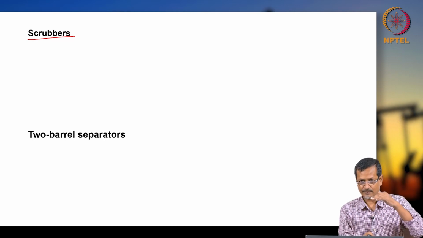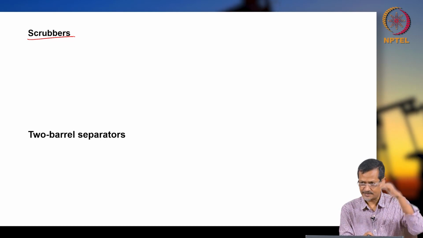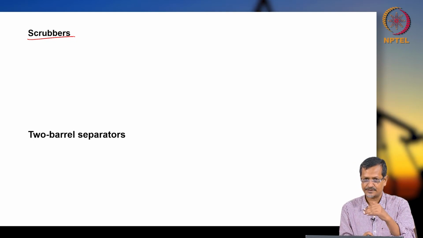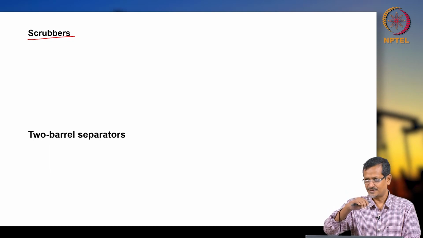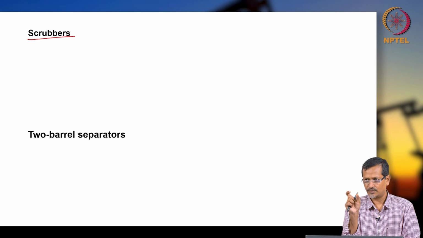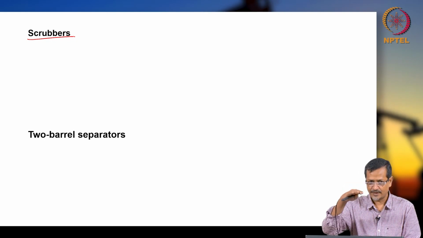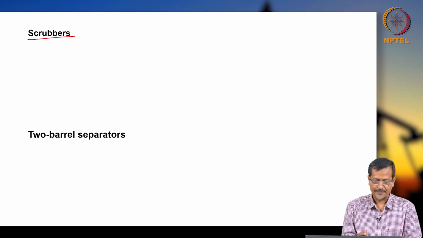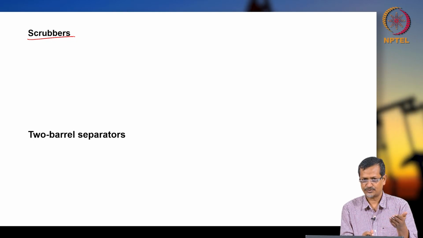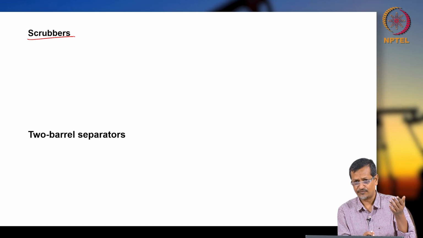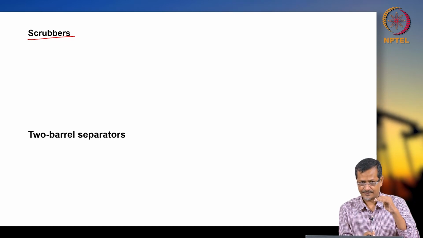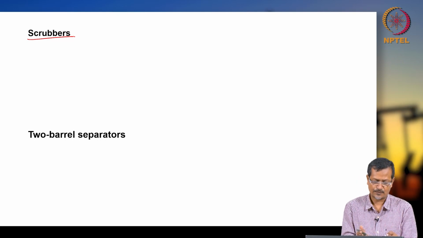So if you cool down a little, the high molecular weight hydrocarbons get separated quickly. Another way is to change pressure, so that the high molecular weight fluid can condense.